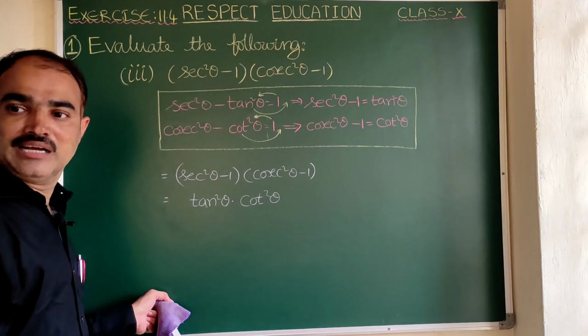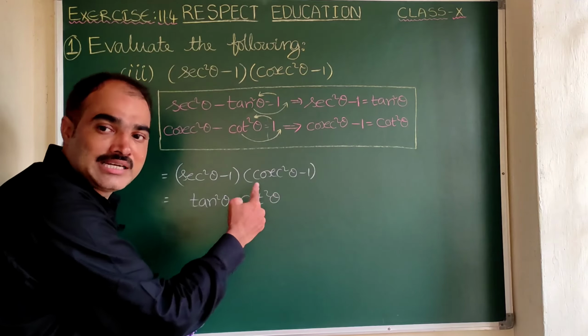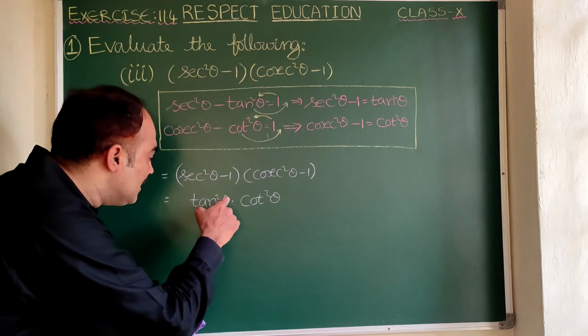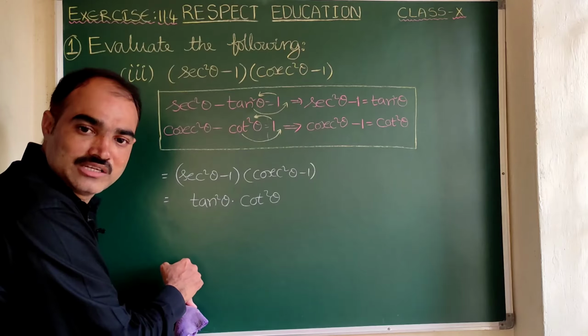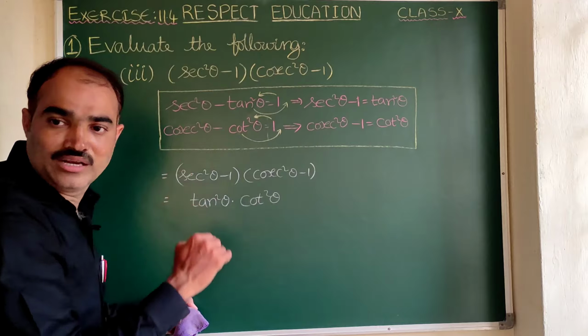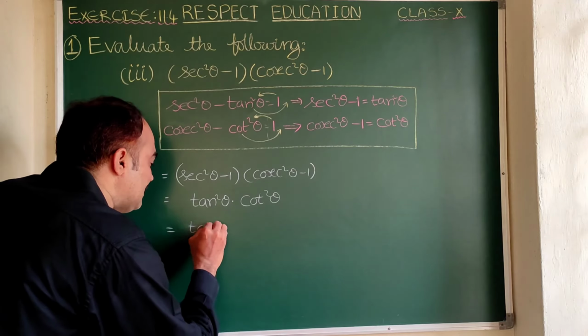Other way is, listen carefully, tan square theta can be written as sin square theta by cos square theta into cot square theta can be written as cos square theta by sin square theta. However you do, this sin square theta get cancelled. Same way cos square theta also they get cancelled, you get the answer 1. That is another way.